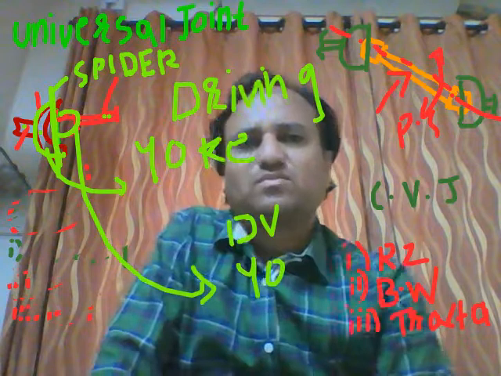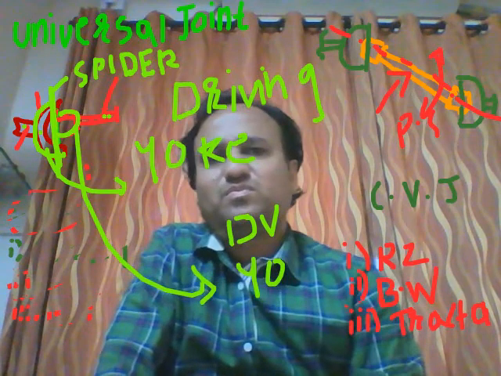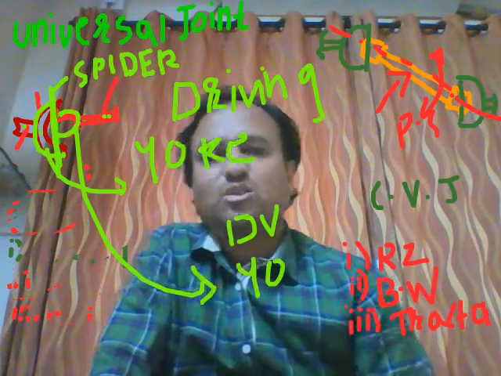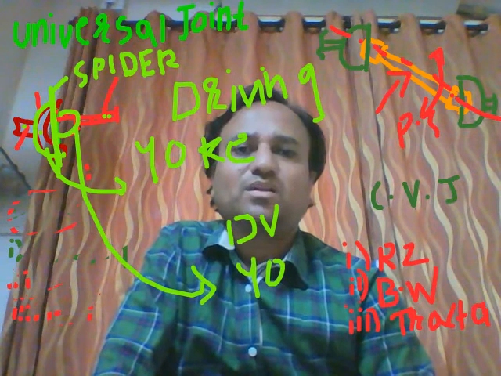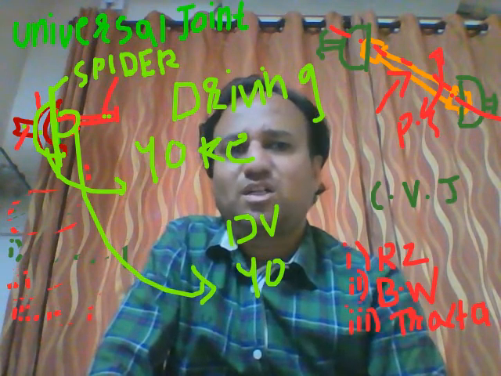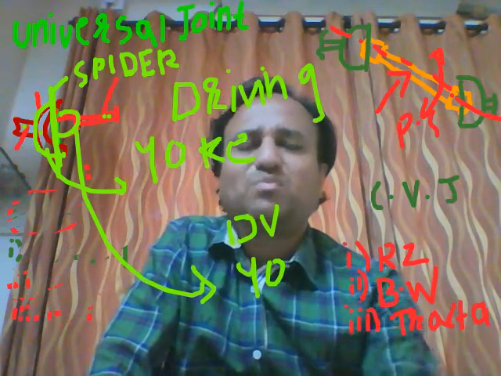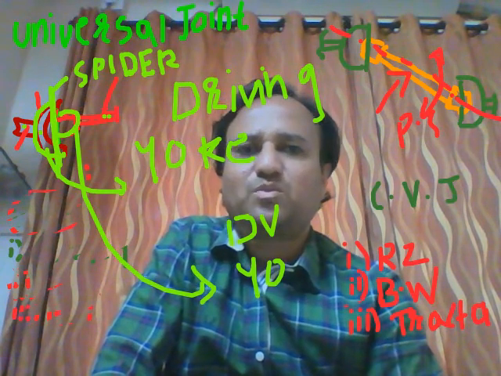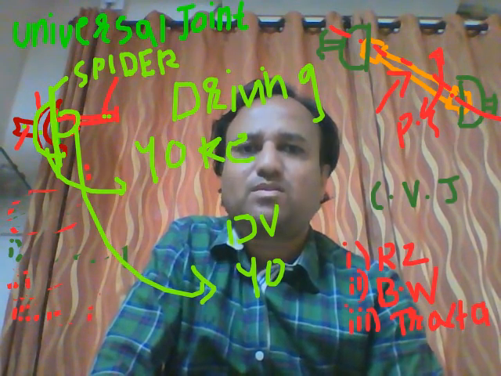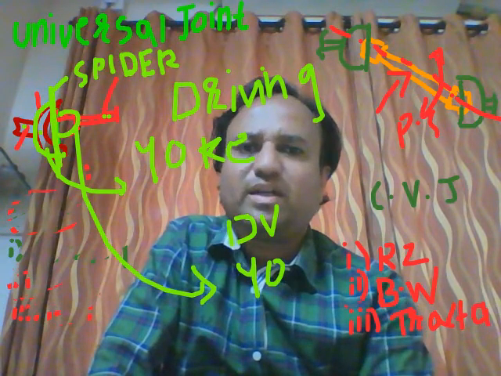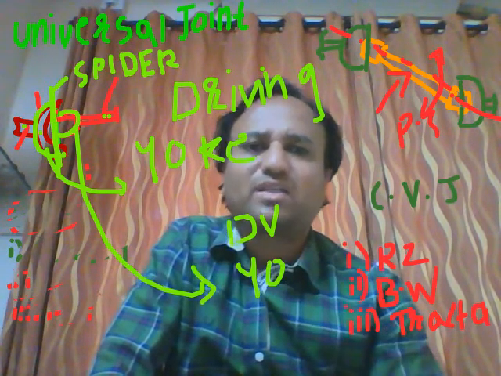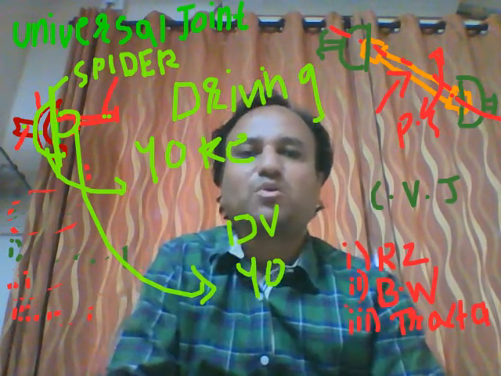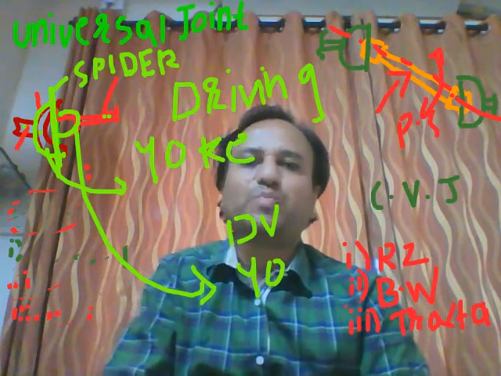You can draw an analogy of this universal joint with, suppose, a knuckle joint or coupling. For example, in a knuckle joint, one end of a shaft is connected to a fork, another end is connected to an eye. This fork and eye are connected with the help of a pin.